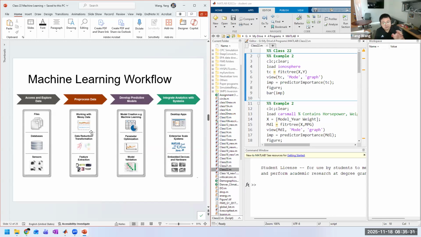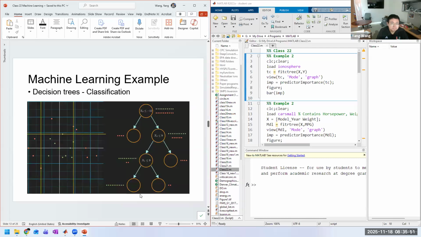You use 70% of the data for training the algorithm, and the remaining 30% to verify whether the algorithm is correct or not. Eventually, after we get the algorithm, we integrate the results into some software, to sell it, to commercialize it.